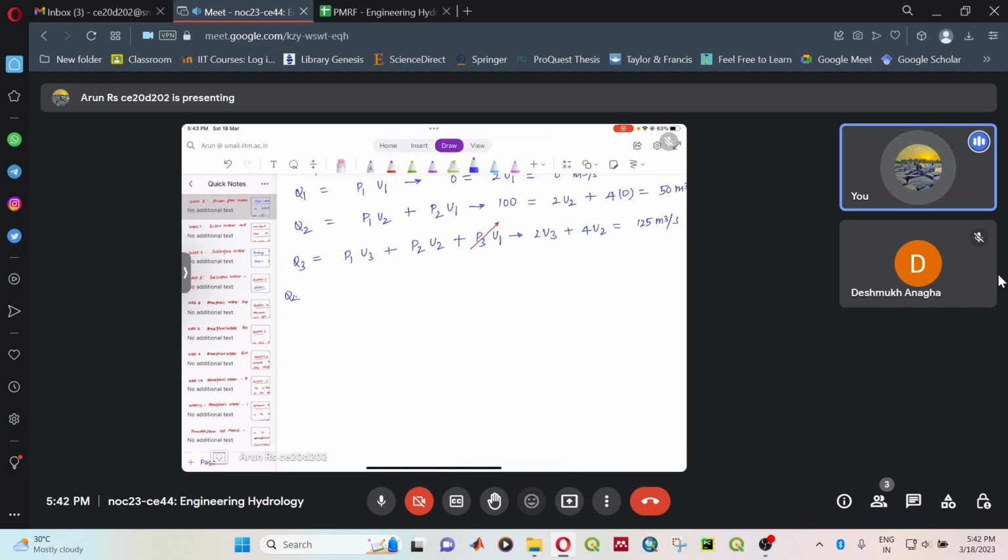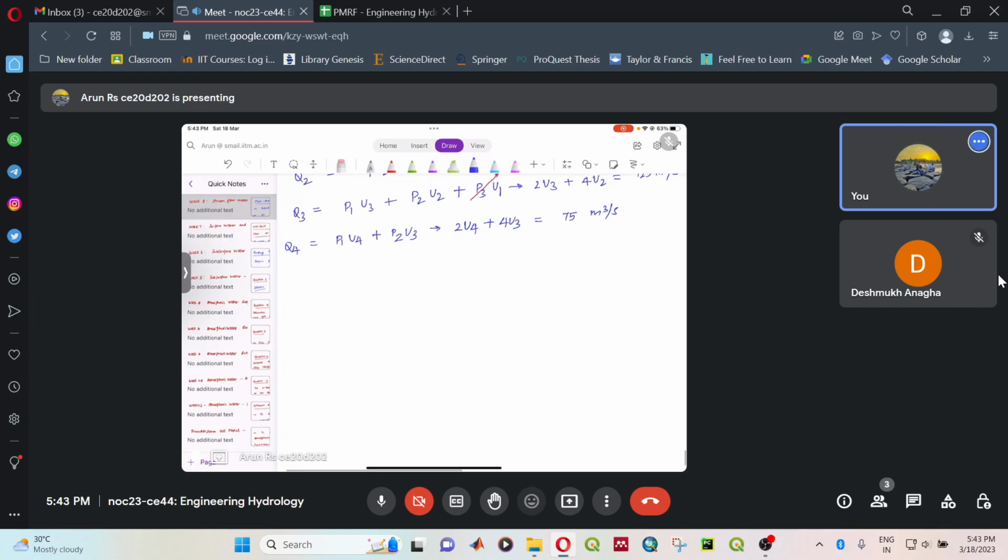Similarly, we can write for Q4. So that will be P1 U4 plus P2 U3. So the rest of the terms will be 0 because we don't have P3. So this will be 2 times U4 plus 4 times U3. So from this, we'll get U4 as 75 meter cube per second.